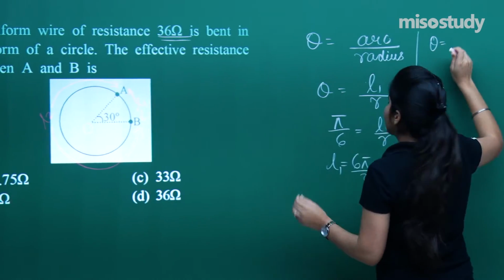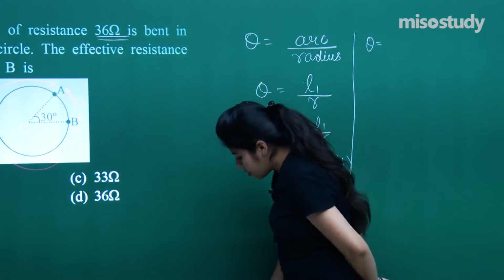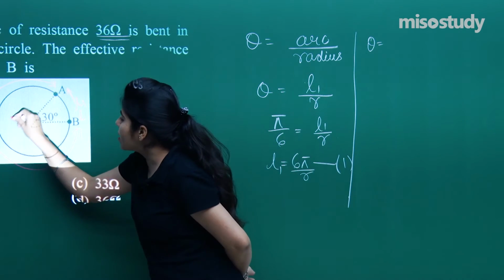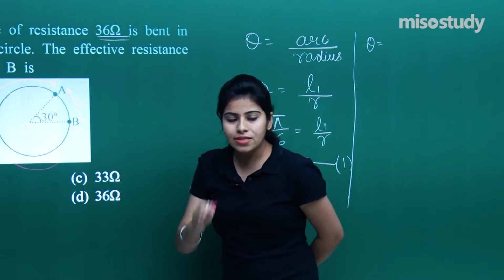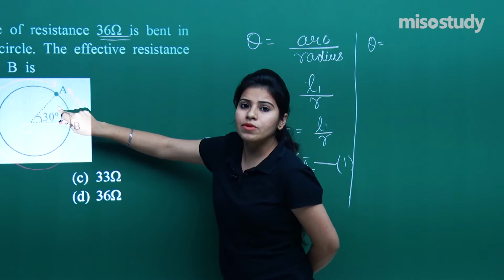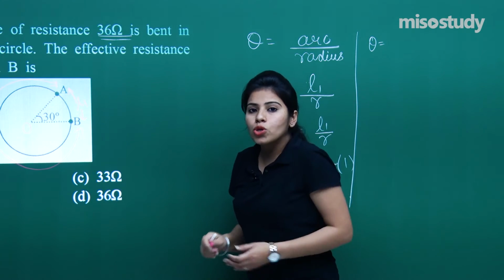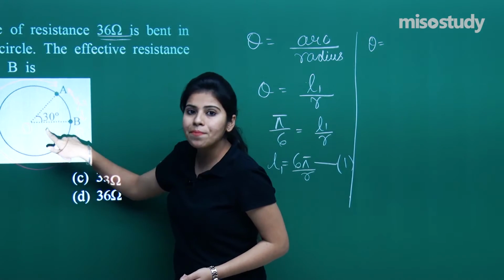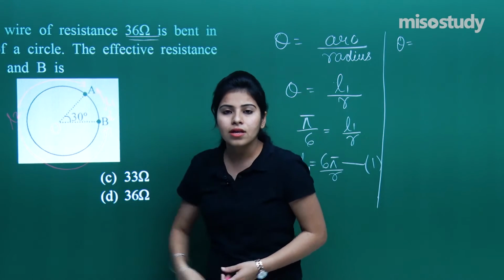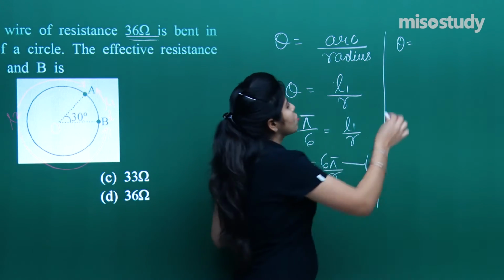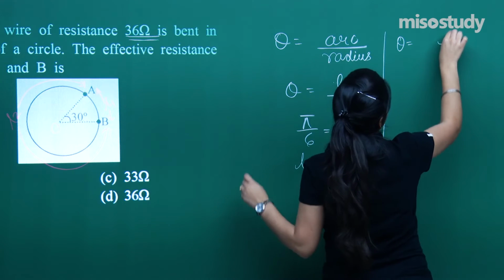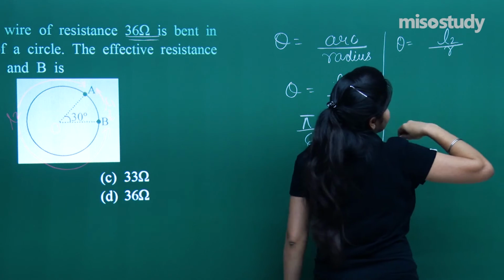Similarly, if you want to find the remaining length, theta equals arc by radius. So just look at this side, your remaining theta will be what? 360 minus 30 degrees, that means 330 degrees. So you can write it as 2 pi minus pi by 6, that will be your remaining angle. So your theta will be arc, that means L2 upon radius, that is r.